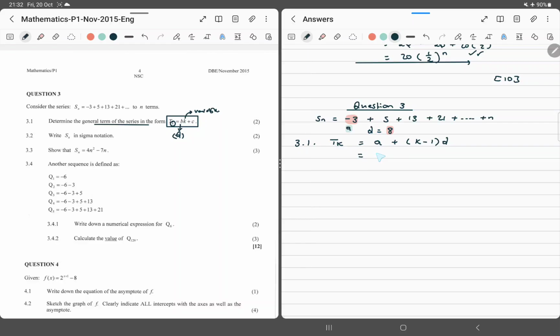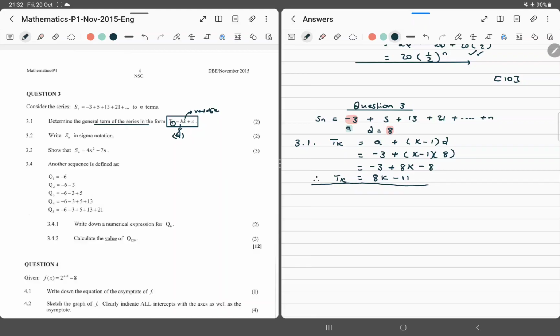Okay, so we go on and substitute minus 3 plus K minus 1, D is 8. This means we've got minus 3 plus 8k minus 8. We can make 8k lead so that it's in the format that is required. Minus 8 minus 3 is minus 11.